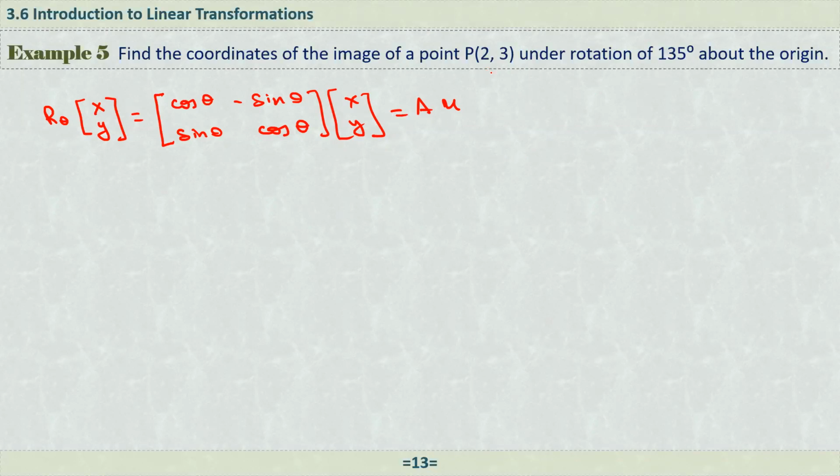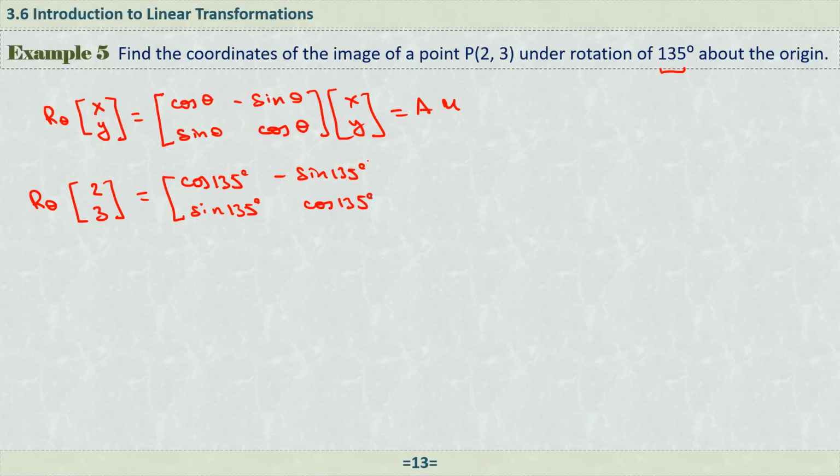Here we are given a point (2, 3), and we are just rotating this 135 degrees about the origin. So here we will have the image of this transformation. Let's say here we have (2, 3) will be cosine of 135 degrees, sine of 135 degrees, minus sine of 135 degrees and the cosine of 135 degrees.